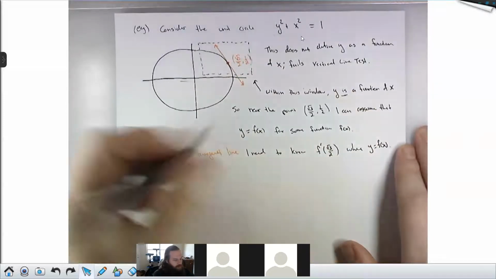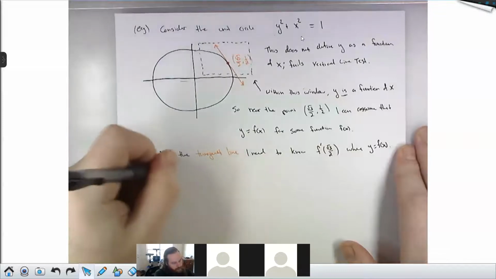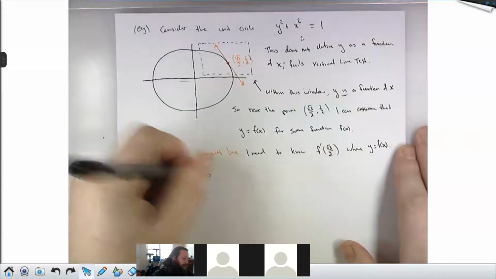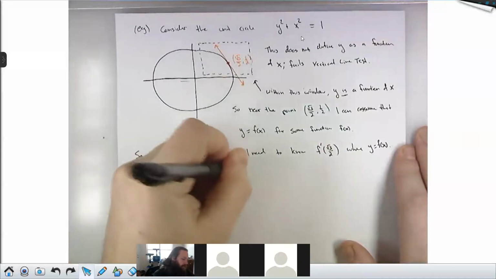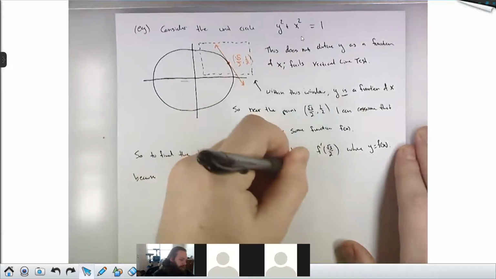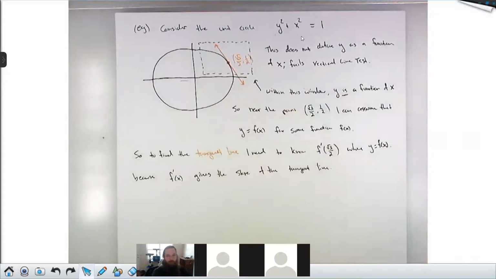That's normally what I need, because f primed of x gives the slope of the tangent line. Right? But there is no function f, not one that I can write down, not one that I know.